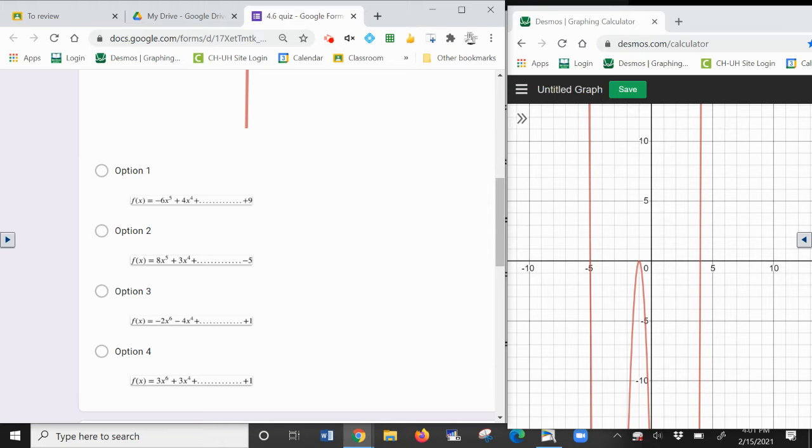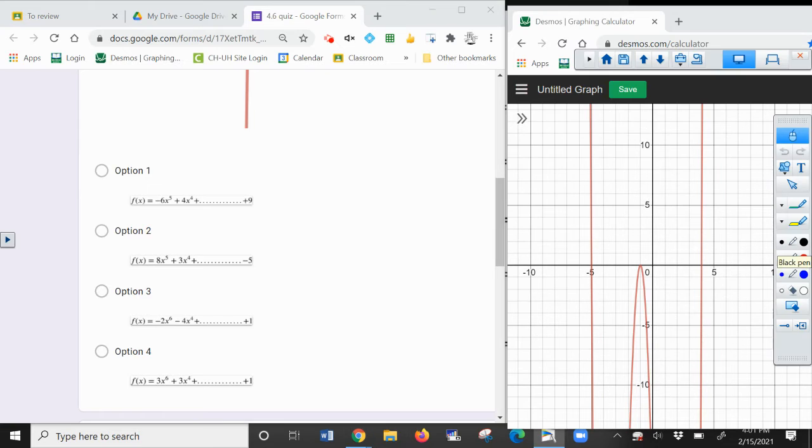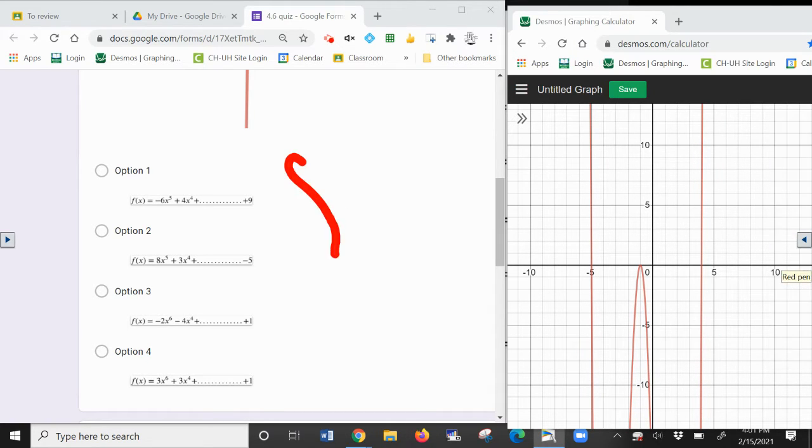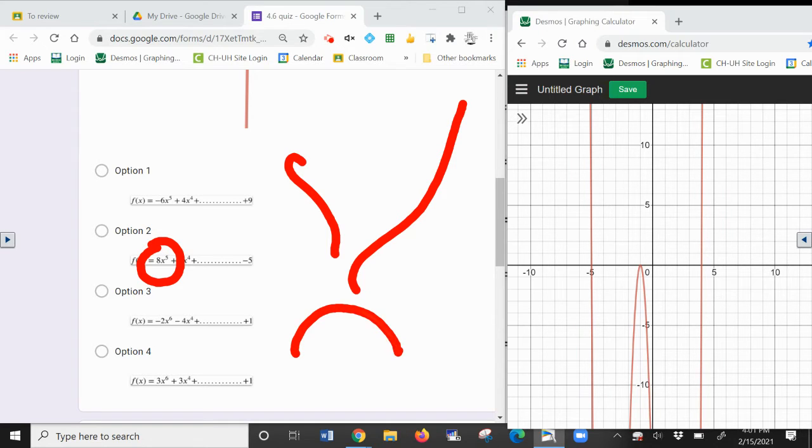So that's a negative odd, so the first one would be going downhill. The second one is positive odd. That's the one we want because it goes uphill. The third one is negative even, which is the one that goes down. And the last one is positive even, which would be going uphill. So it's option 2.